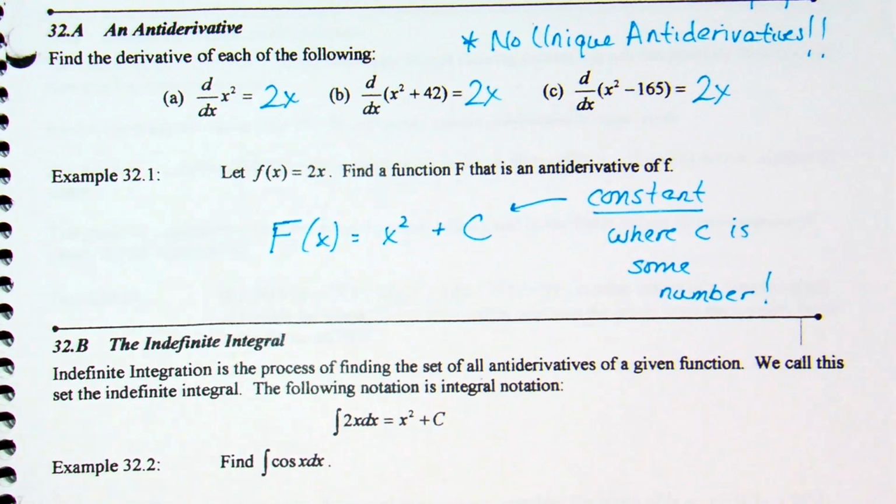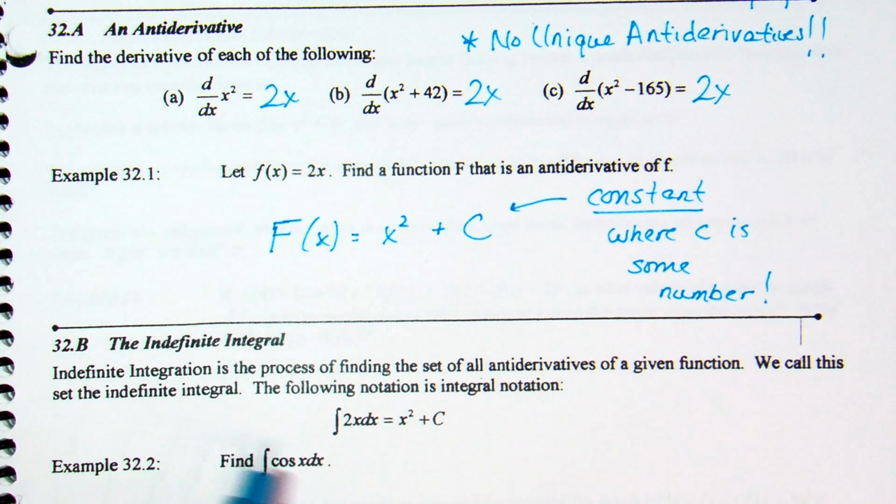Integral, antiderivative, same idea. It's doing the same thing. It's just that the integral has notation to go with it. So, right here, indefinite integration is the process of finding the set of all antiderivatives of a given function. So when you are asked to integrate, you are being told, find the antiderivative. We call this set the indefinite integral, and the following notation is integral notation.